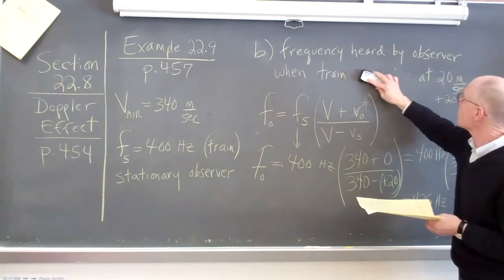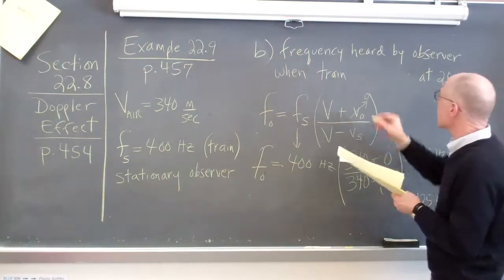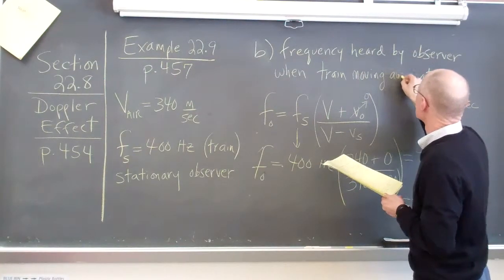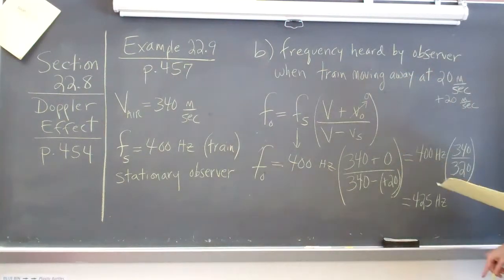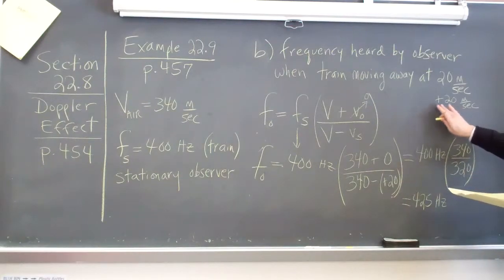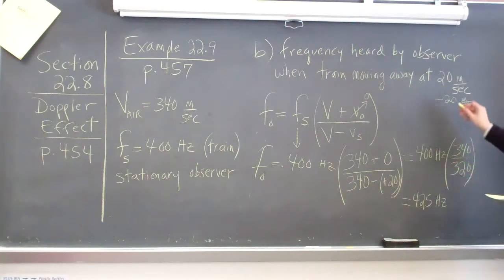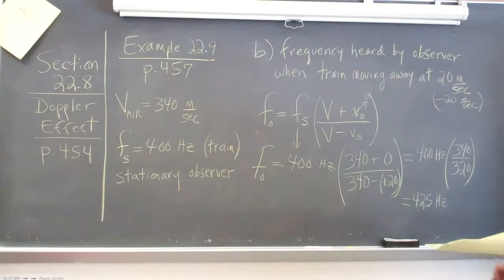So what frequency is heard by the observer when the train is moving away from the observer at 20 meters per second? In this case, that 20 meters per second is a negative 20 meters per second because the train is moving away, and that was our sign convention.